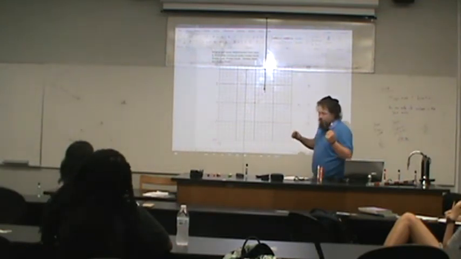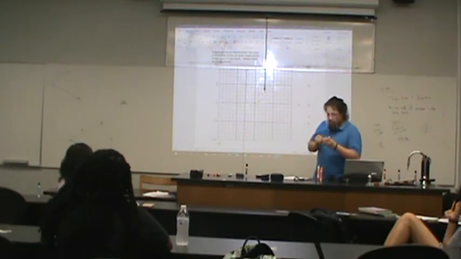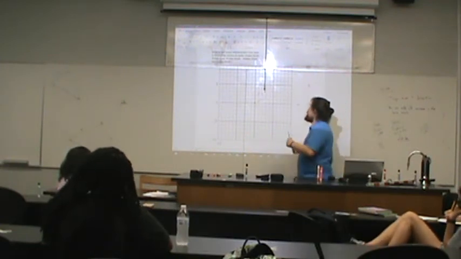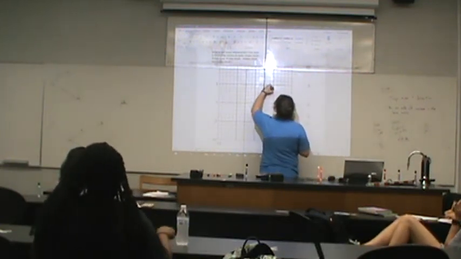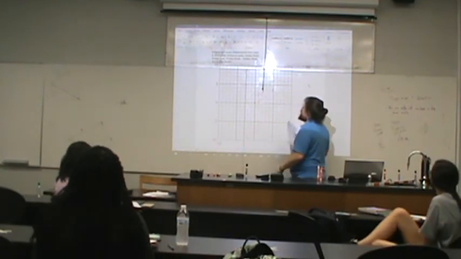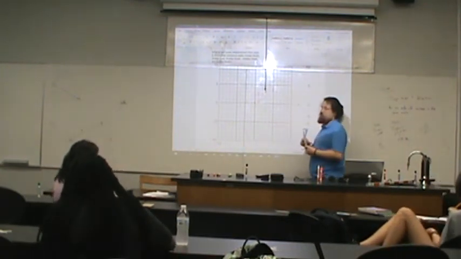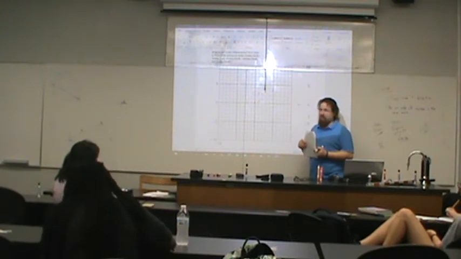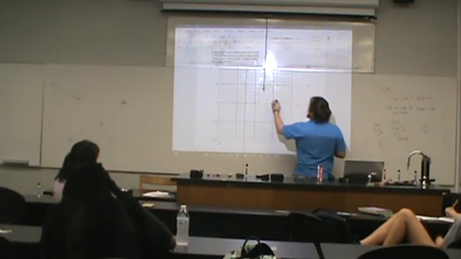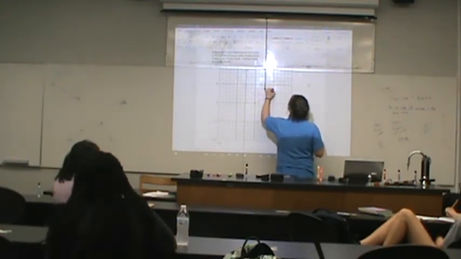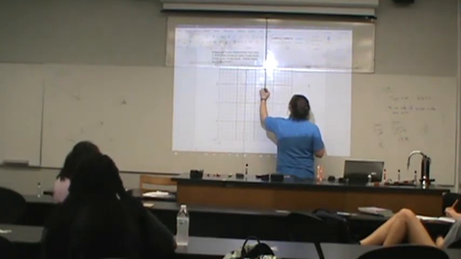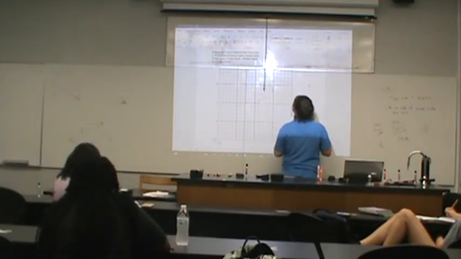So I'm going to do B in blue. From the tip of the vector we just finished, we now put the tail of the second vector. I'm going to put in a little mini coordinate system here just to help me with the sketch.